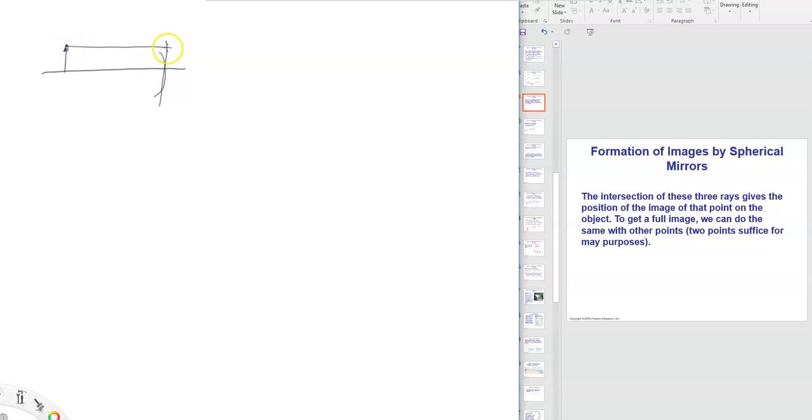So let's say it goes like this and makes an image over here, something like this. So we only create that starting point, the tip over here. But if we think about another ray going from here, it's going to be a messy diagram.